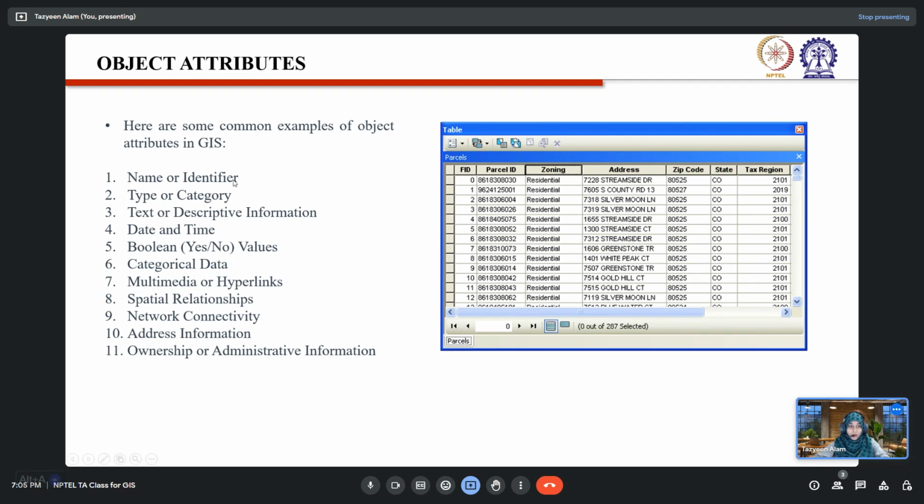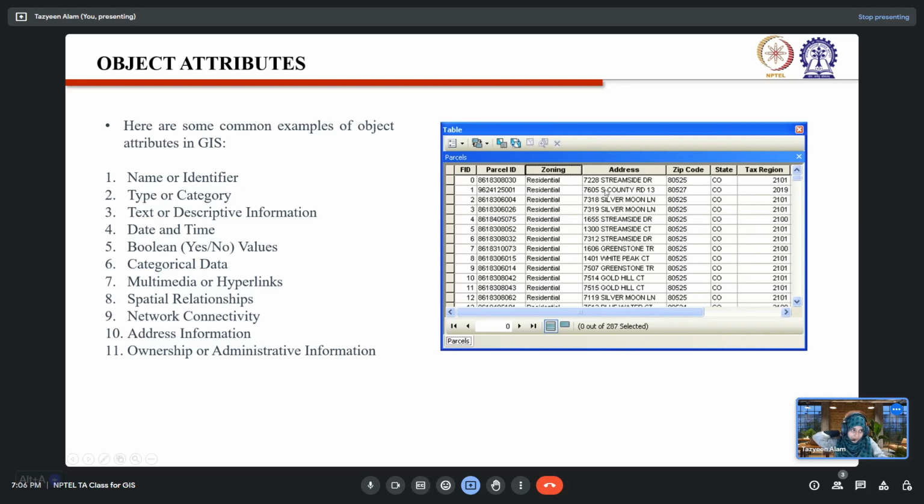Here are some common examples of object attributes in GIS. You have a name or identifier that identifies your data set. Then you have a type or category of your object or entity. Then there is text or descriptive information.